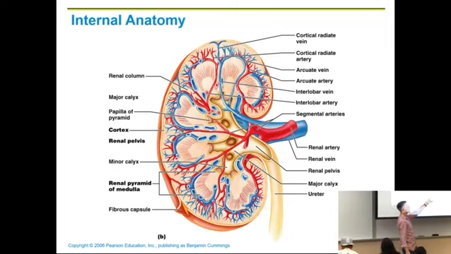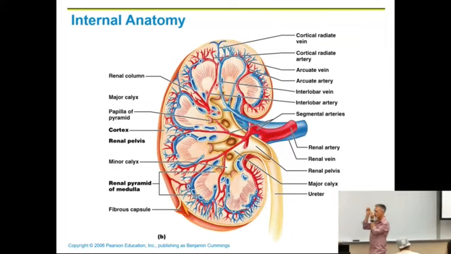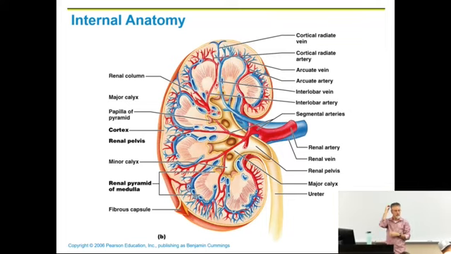That's what we saw originally, these blood vessels going out to the cortex that ultimately go from arteries down to arterioles down to capillaries, where we can start doing that treatment of the blood, where we do the filtering.